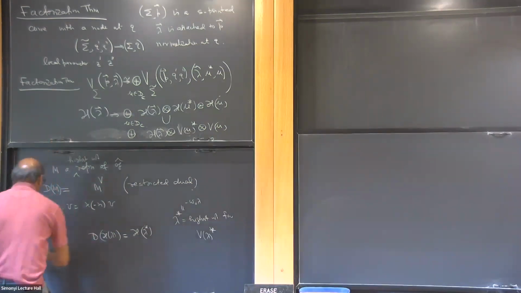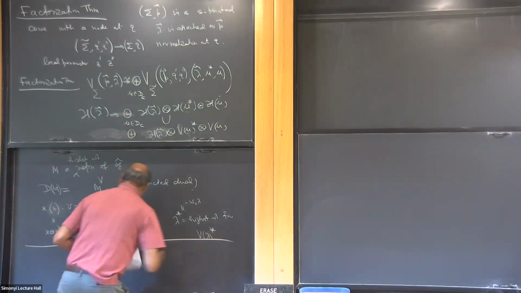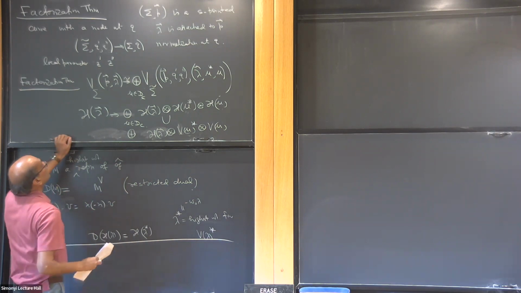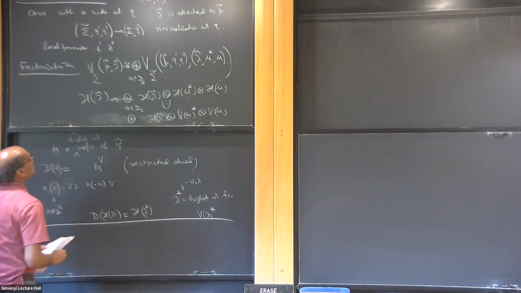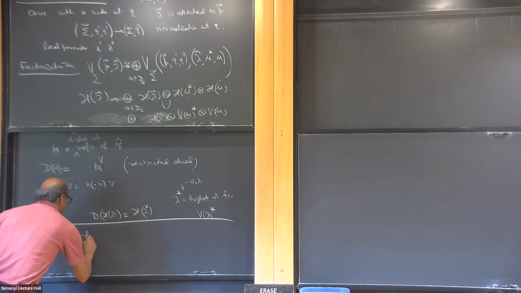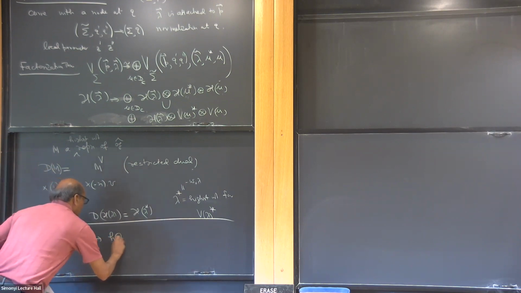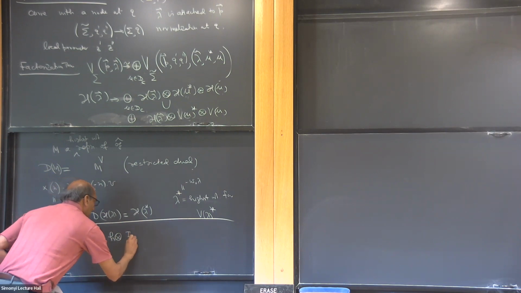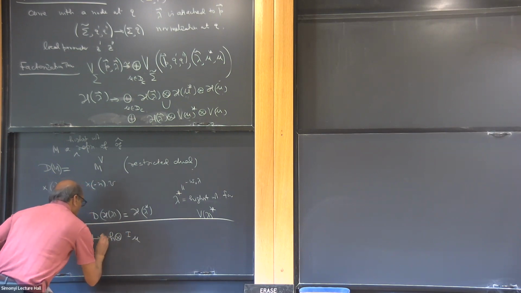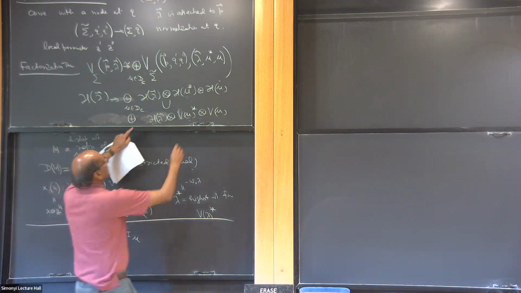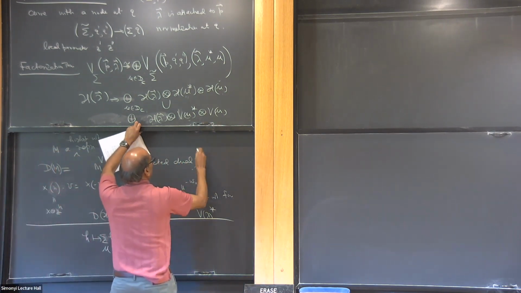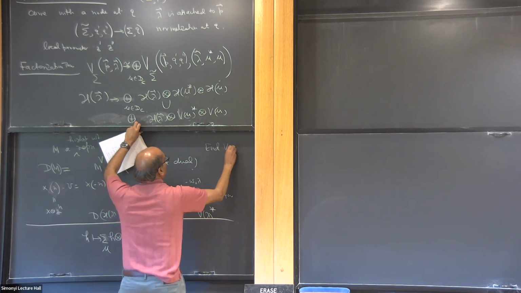And this map is nothing but H going to H tensor I_mu, where now you see V mu star tensor V mu is nothing but End V mu.